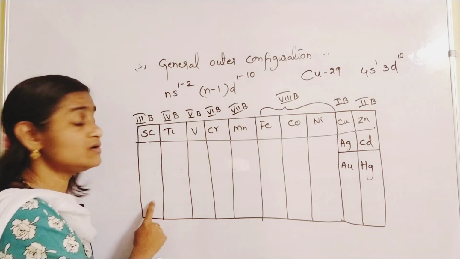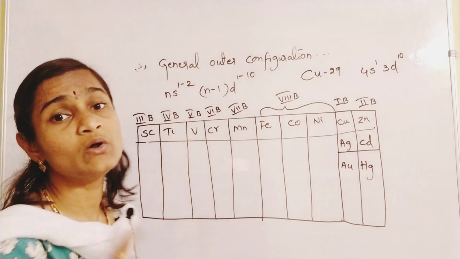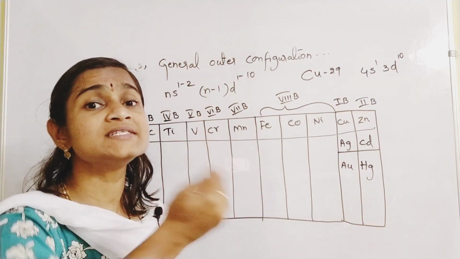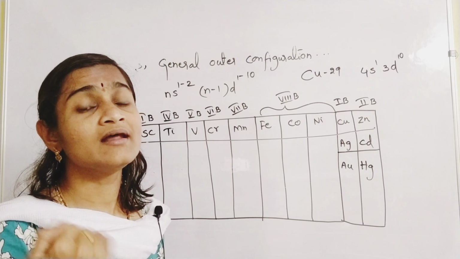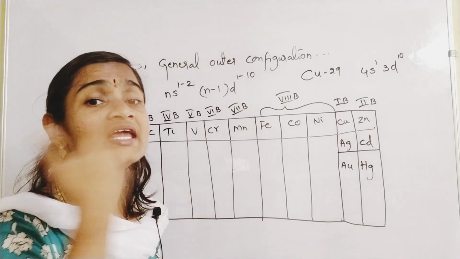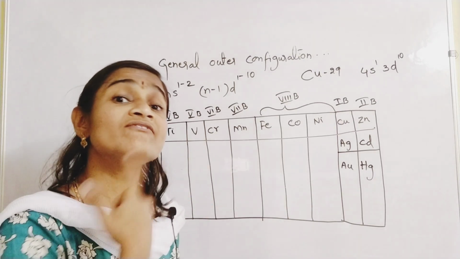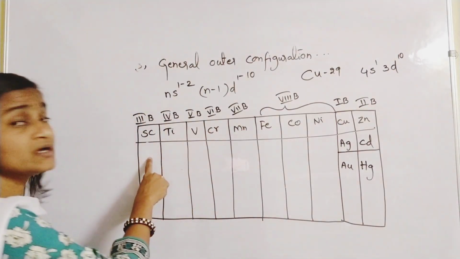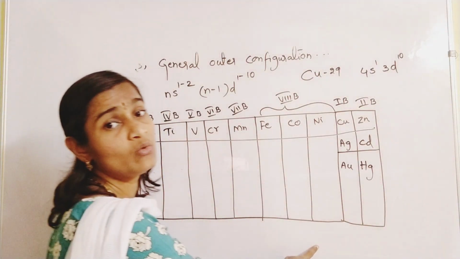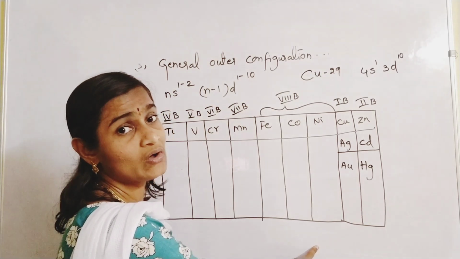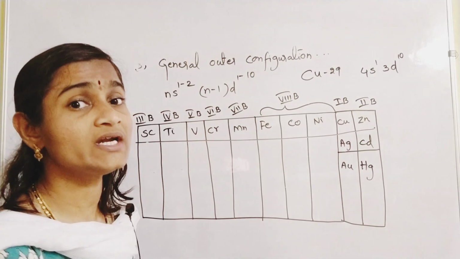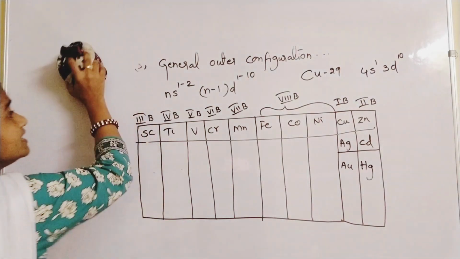Even though they belong to the D block, for the elements after lanthanum and after actinium, the differentiating electron is entering the F subshell. That's why they are separated from the 3B group and kept separately down of the periodic table, and they are called F block elements.